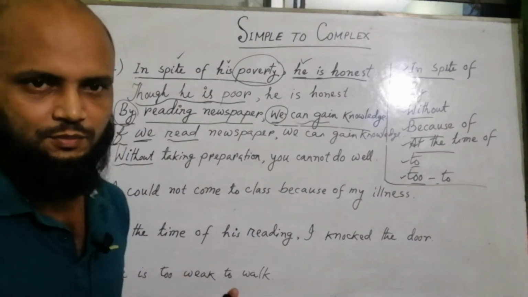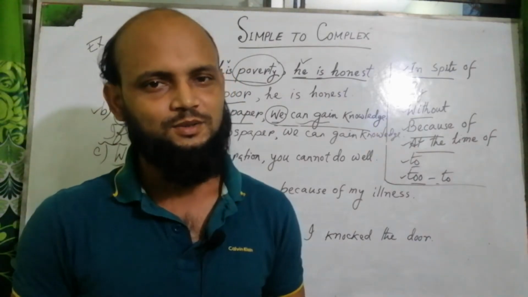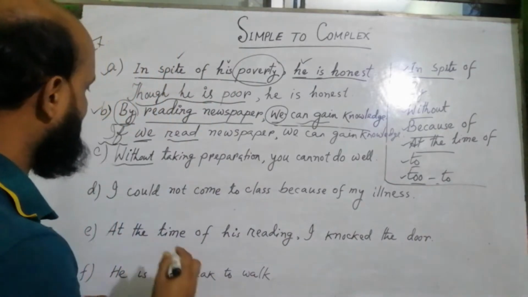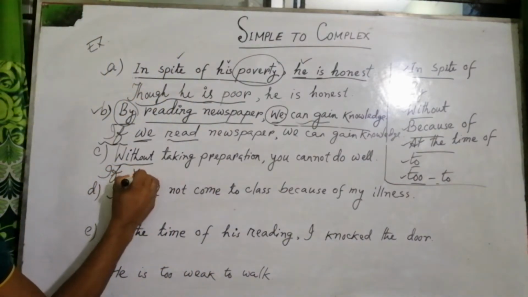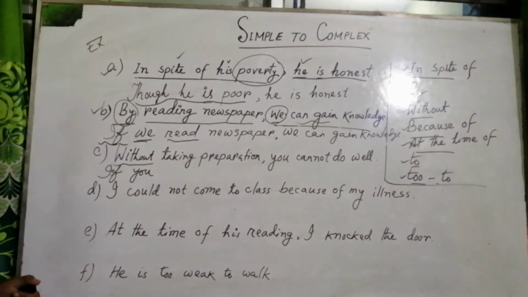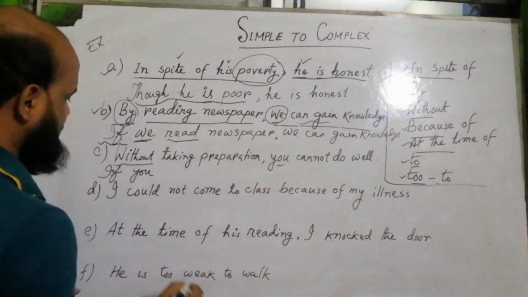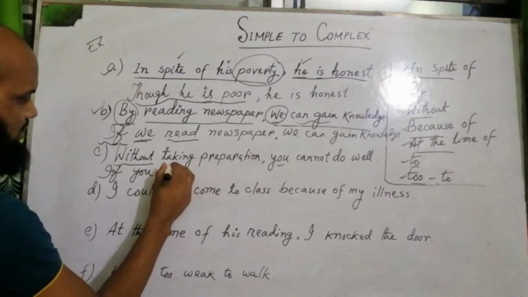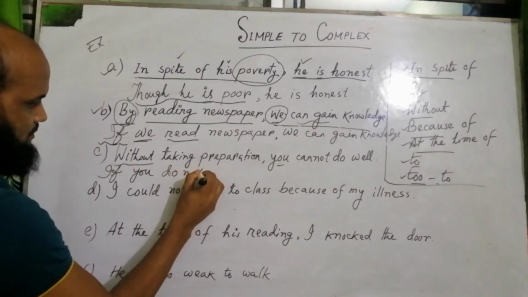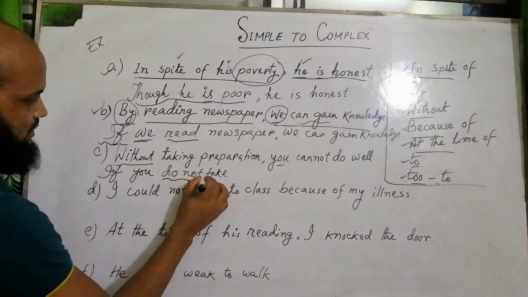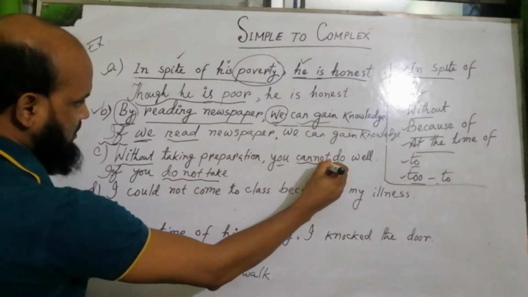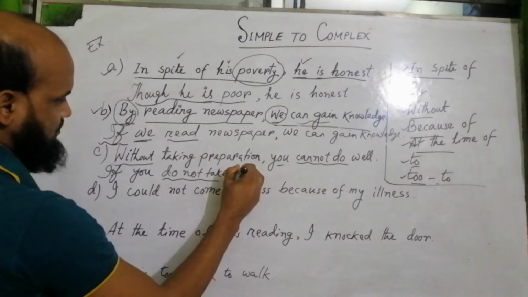If you do not take preparation, you cannot do well. So you can write if you, because the subject is you. If you do not take, you have to write it in present simple tense because this is in present simple tense.